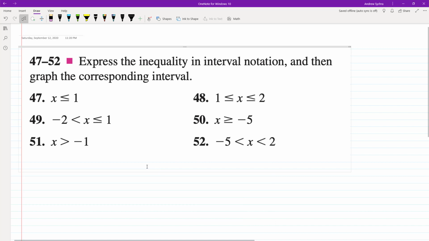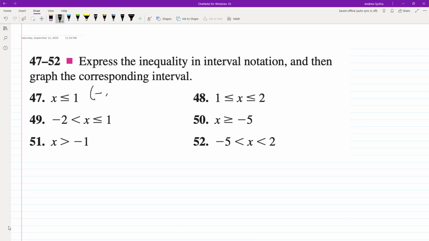All right, more of these. It's kind of the reversal. So what we do in here, so this is negative infinity up to 1. Graph it, so that includes 1. All right.